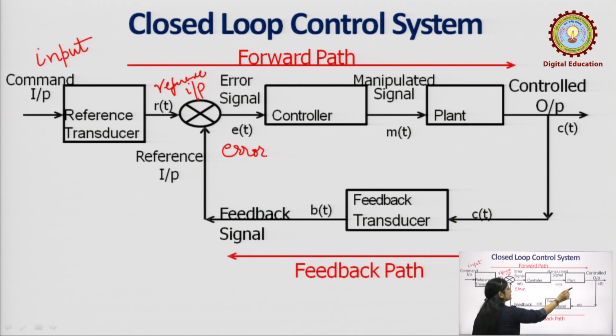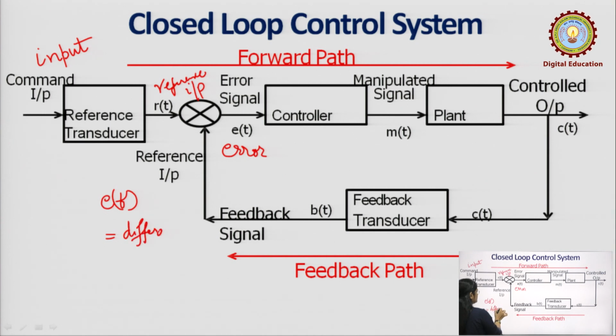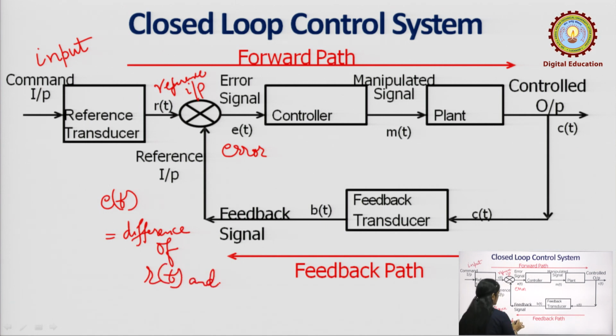The difference between the reference and the output signal is our E of t, which is the difference of R of t and B of t. This is the feedback. The feedback signal is compared with the reference, and then the error signal is fed to the controller, where the desired action takes place.